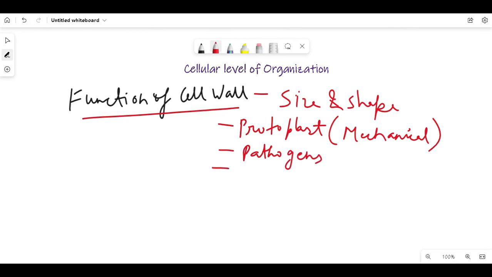It also gives support to the plant to stand erect against the force of gravity.